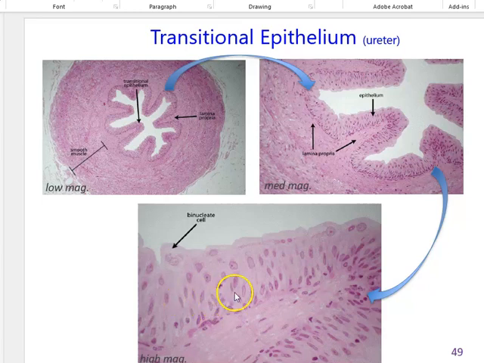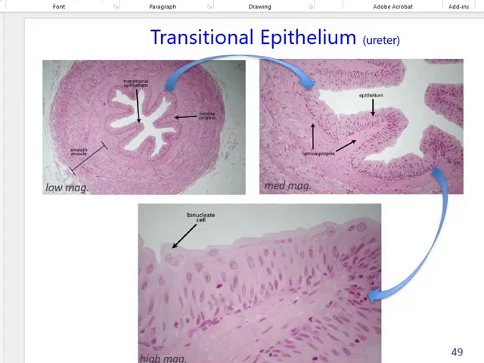So you have tissue that looks like a stratified epithelium and then some weird cells on top. And again, if you stretch this out, those weird cells would blend in a little better. So that is the transitional and pseudostratified columnar epithelia.